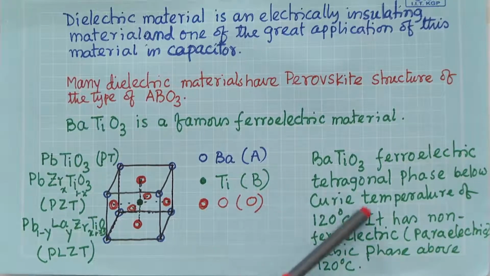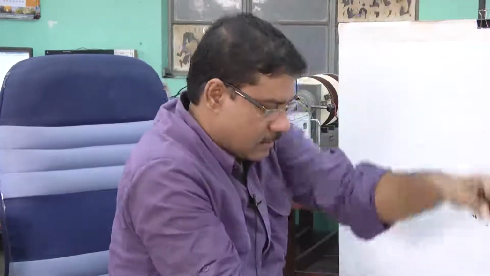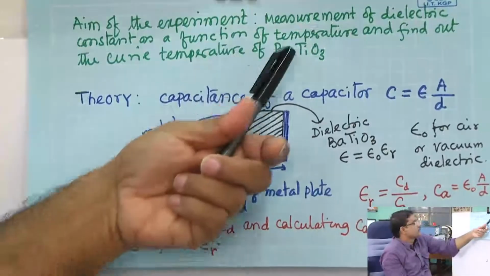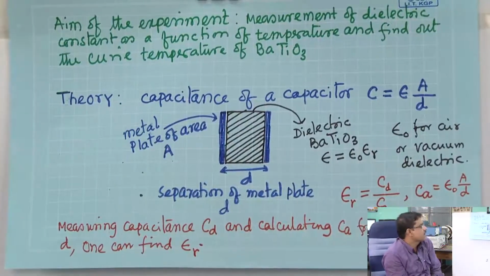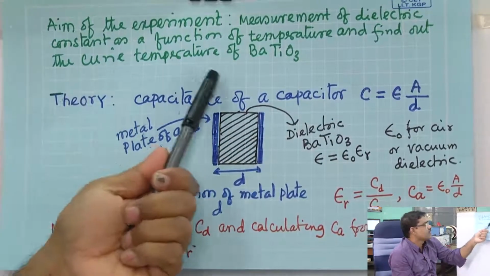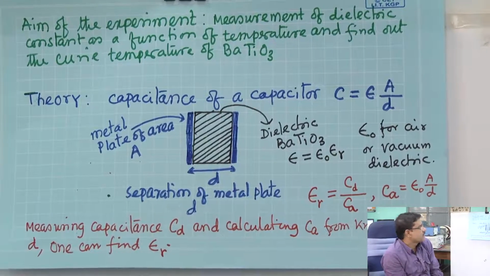So 120 degrees centigrade is the Curie temperature for ferroelectric barium titanate. The aim of this experiment is the measurement of dielectric constant as a function of temperature, and to find the Curie temperature of barium titanate.